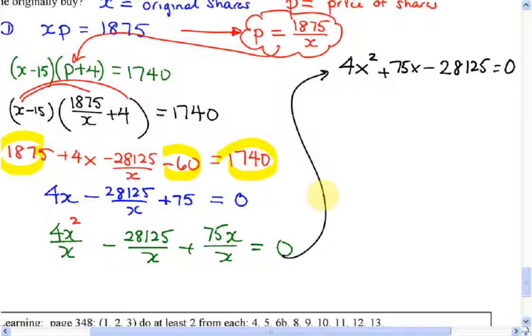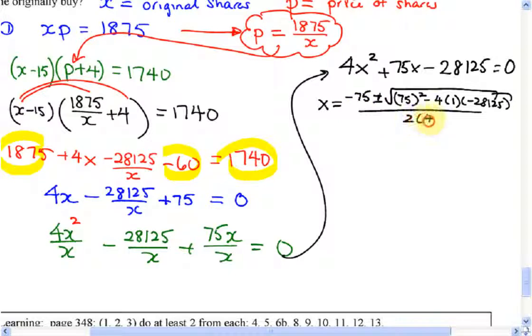Because good luck trying to find two numbers that multiply to that nasty thing and add up to 75. Maybe Rahul can do it, but you guys can't. All right, so just go ahead and use the quadratic formula. I won't sing it again because you're tired of me singing the song. It's a nice catchy tune, isn't it?